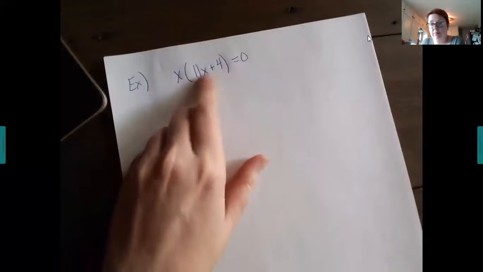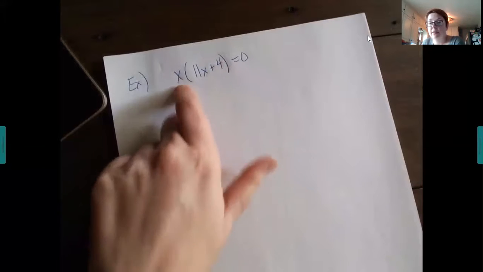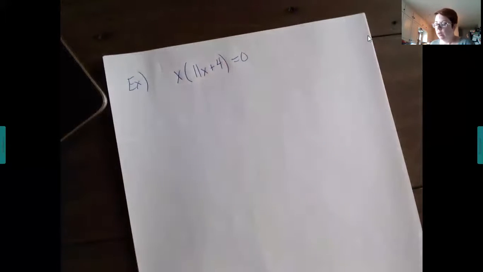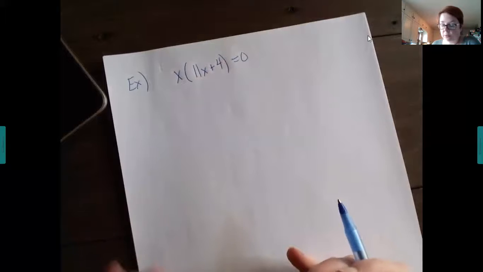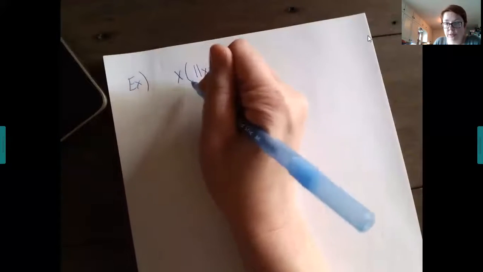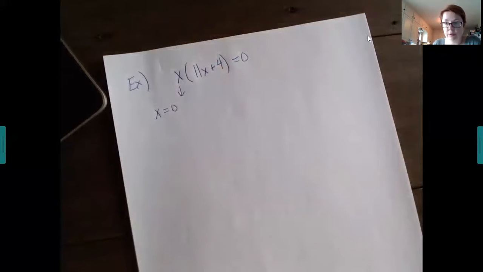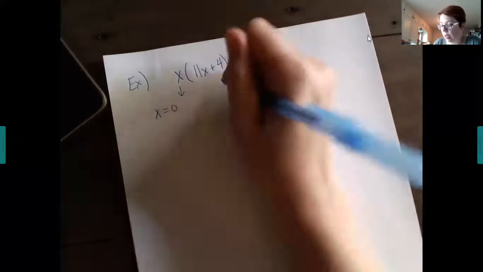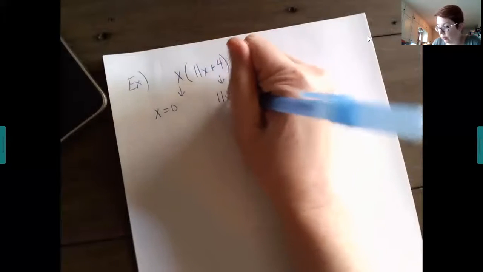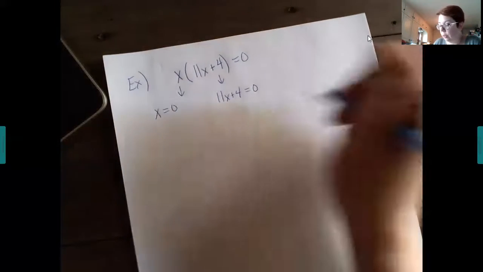And this is something, we've got to figure out what that is, times x also equals 0. So in this case, this is a little less work. When we separate these out, there's not much to do here. So we know this x has to equal 0. So boom, we're already done. And then we set up this one, set that equal to 0 and solve.